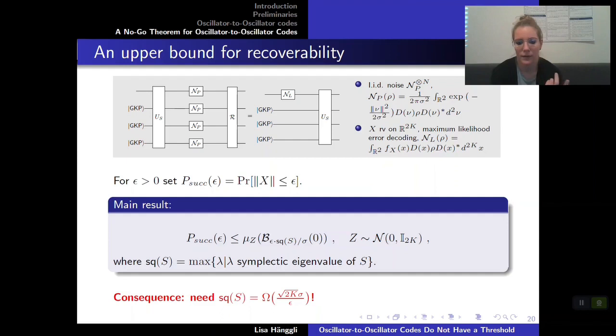And this decoder differs from the one that we consider here in that it does not find the most likely error itself, but the most likely error coset modulo stabilizer operations. And it could possibly outperform our decoder, but it also involves coset probabilities, which are typically hard to compute.